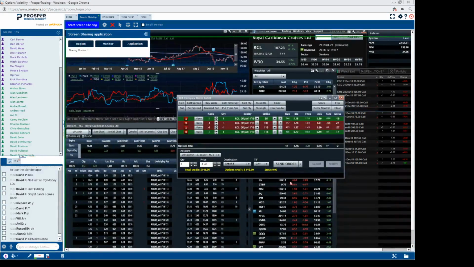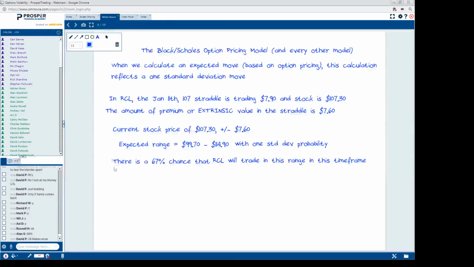Now, I can tell you from looking at this, there's no way I would do that. In fact, if I was nearer to the bid, I'd be more inclined to buy this. But let me put this up here. So the Jan 11th 101, 98 and 113, 116 iron condor is trading approximately $1.20.